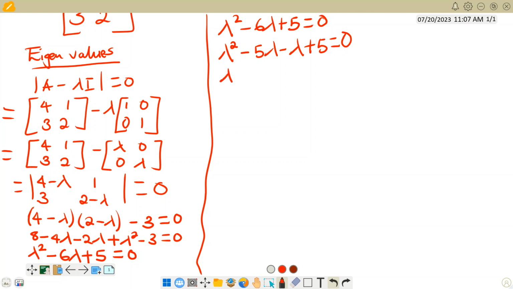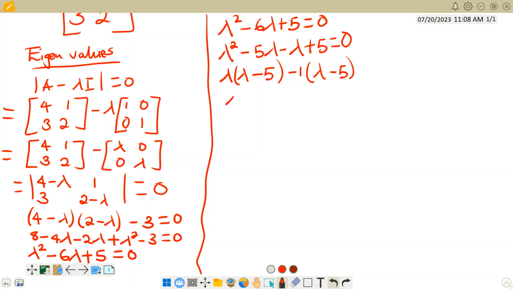So this would be factorizing out the lambda here. This would be lambda, so lambda into lambda squared, there we're going to remain with a lambda, then minus a 5 here, then over here we are going to have a minus 1, right? So that we've got lambda minus 5 inside the brackets.